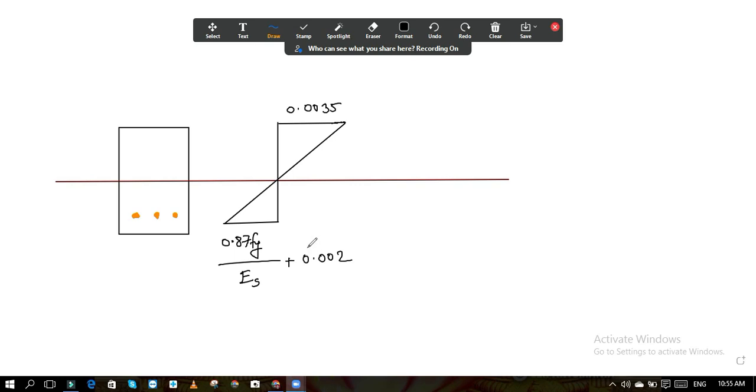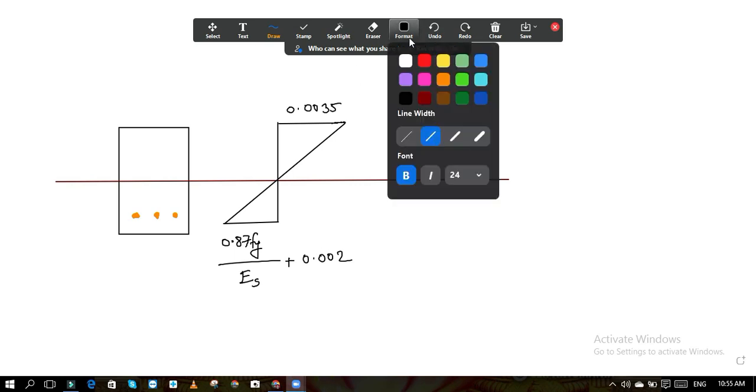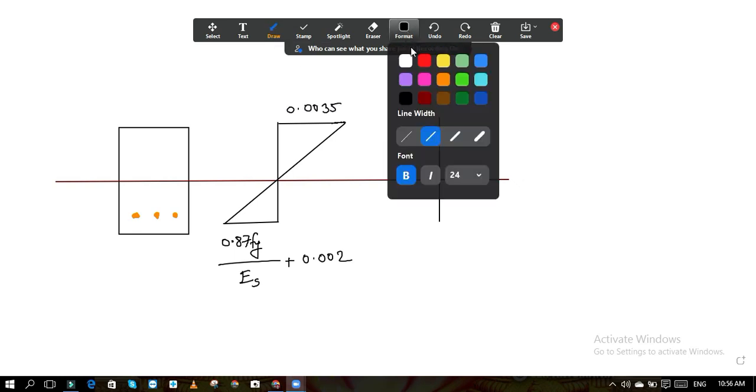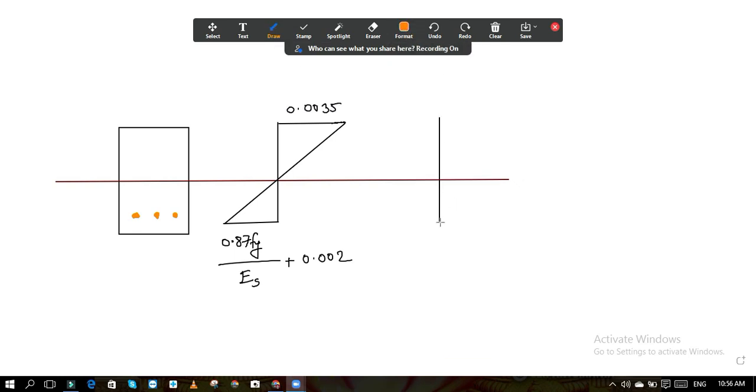Now if you go for the stress distribution diagram, this is your strain distribution diagram. Then the stress distribution diagram, again the diagram will be the same. Here it is your tensile force at this level.